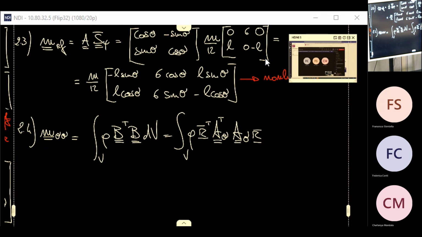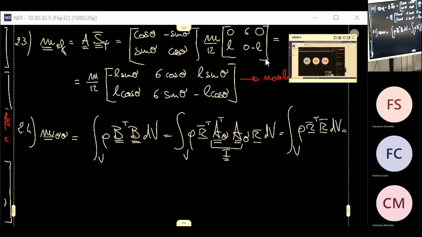So the product, the result of this, is the identity matrix. And so eventually we have this.